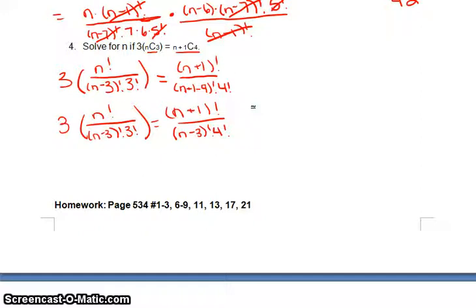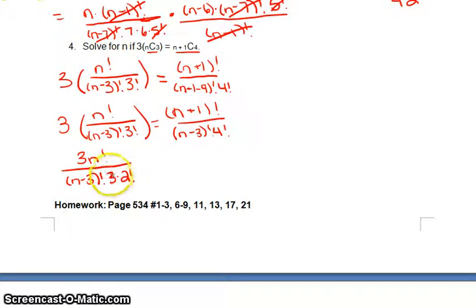Now what we're going to do is rewrite this numerator, so we can go 3 times n factorial, and we can even rewrite 3 factorial so we can cancel something out. So we'll have 3 n factorial, divide that by n minus 3 factorial, times that by 3 times 2 factorial.